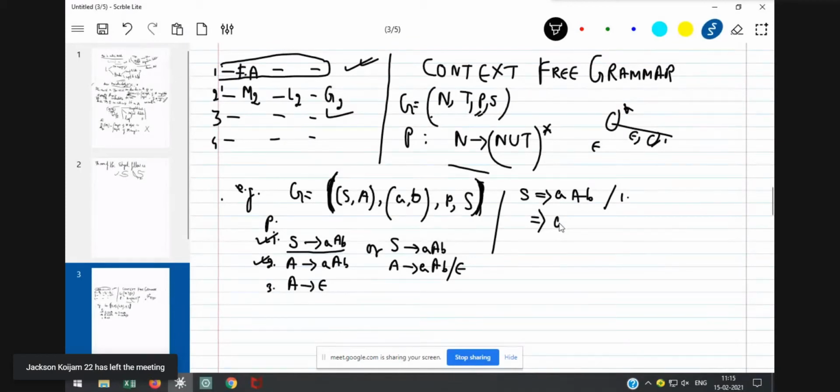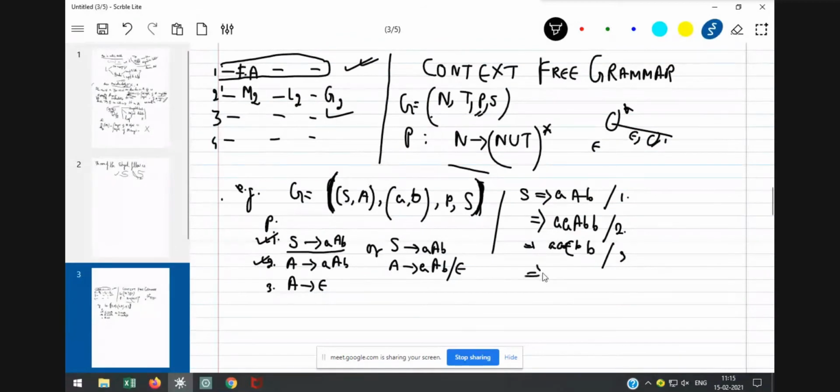So let me just use production rule number two: A S B. This is production rule number two. Next, let me just use epsilon, this is rule three. This could be written as AABB.